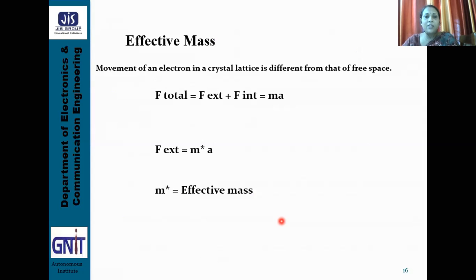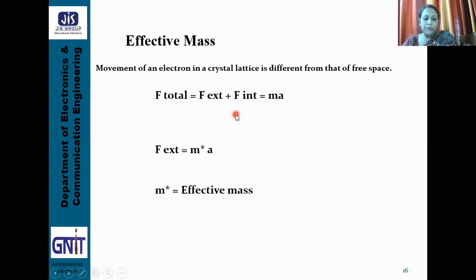So we can write F total equals F external plus F internal, which equals mass times acceleration, where F total is the total force, F external is the external force, and F internal is the internal force.